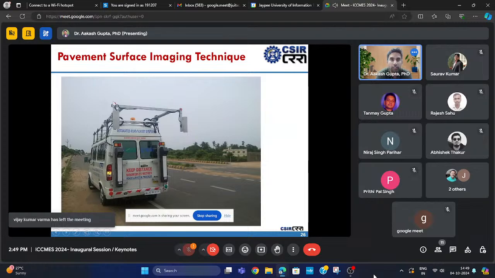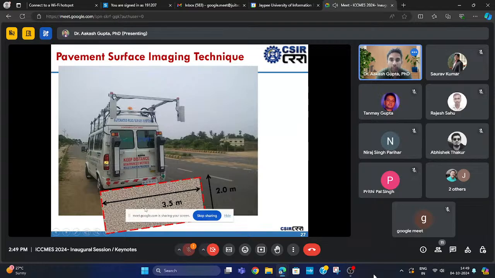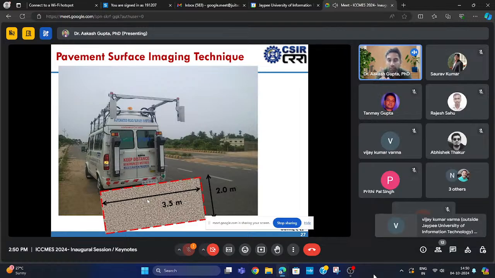These are the cameras which are installed at the backside of the vehicle. One frame will capture an area with a width of 3.5 meters, the width of the lane. If you are running this vehicle and suppose 4 lanes are there, one run will cover only one lane at a time.